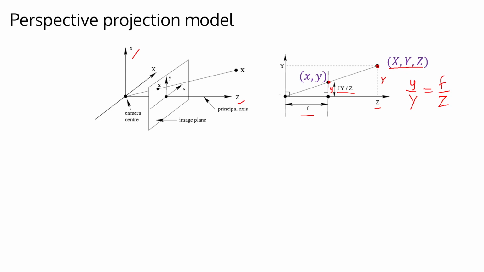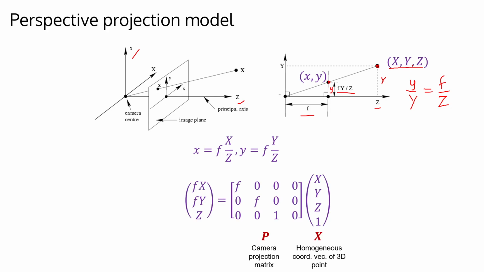Okay. So now a similar equation holds for small x also, and we want to write that in matrix form. So you can see we have written this in this fashion. We take the first row and multiply by x, y, z and 1. So you usually add a 1 to the end of these coordinates.